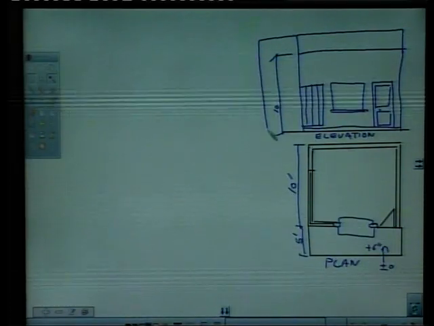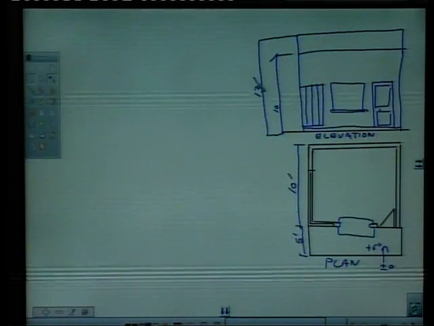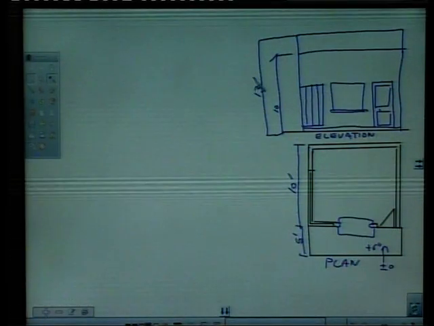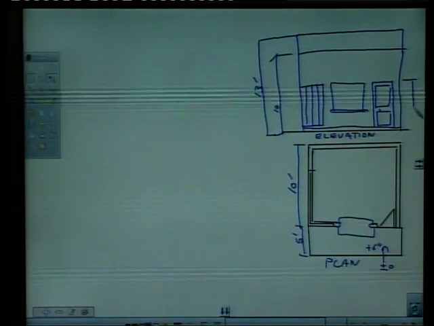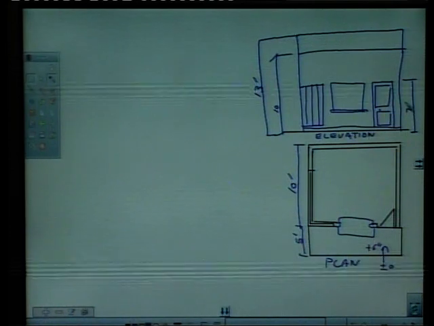So total height becomes 13 feet, and say the door's height is 7 feet, or 6 feet 9 inches, say 7 feet.